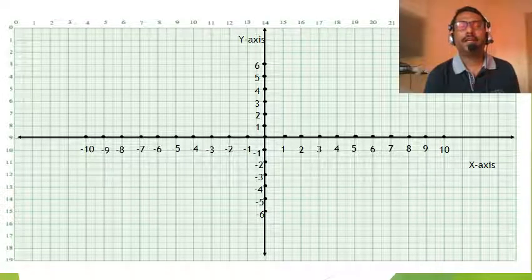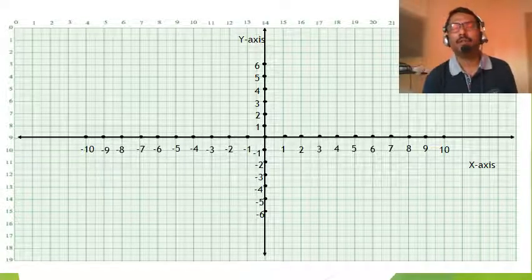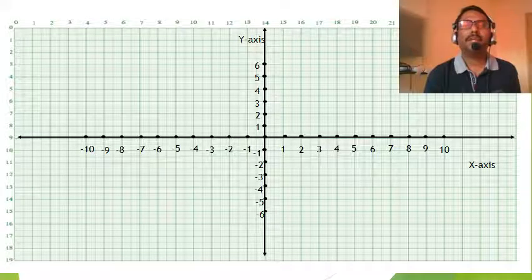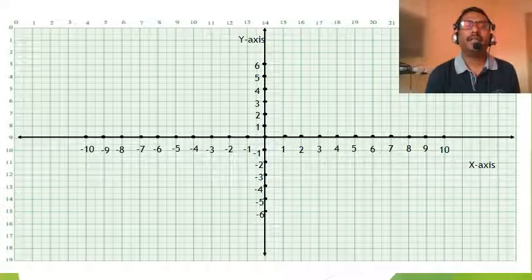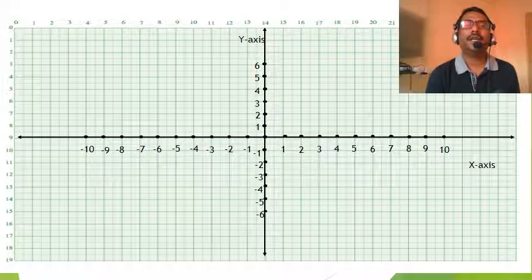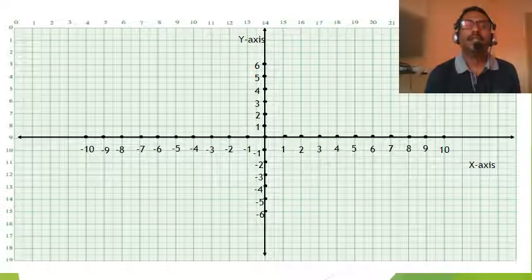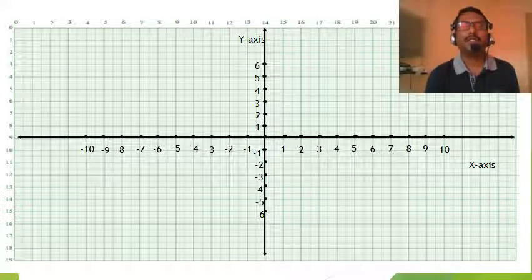On the left-hand side we divide as -1, -2, -3, -4, -5 and so on. Similarly, the y-axis is partitioned on the upper side of the origin as 1, 2, 3, 4, 5, positive numbers, and downwards from the origin -1, -2, -3, -4, -5, negative numbers.